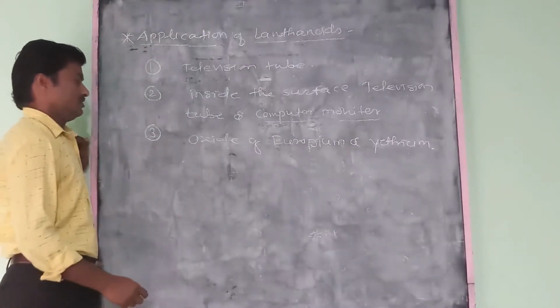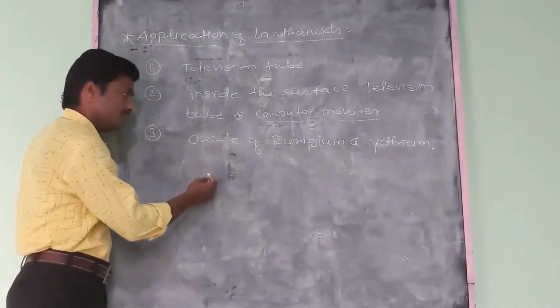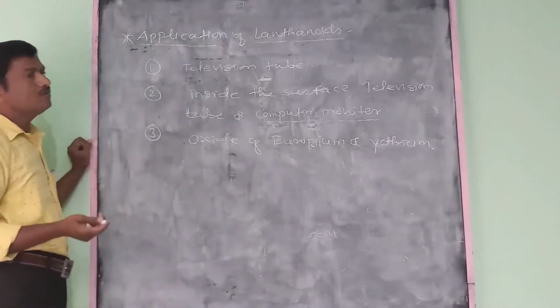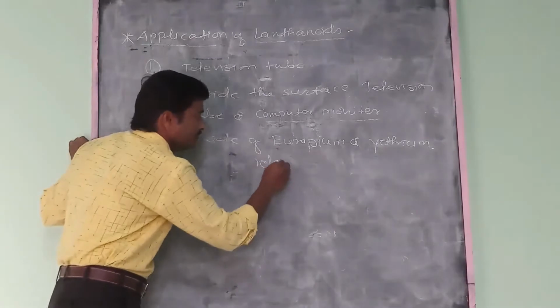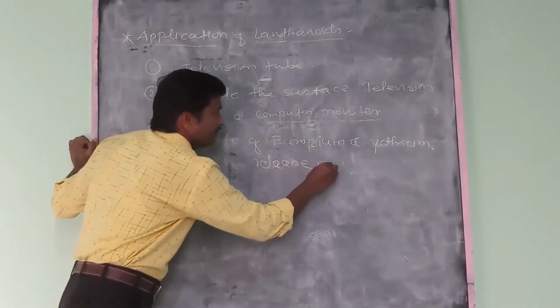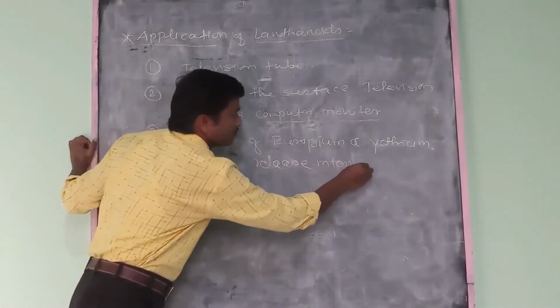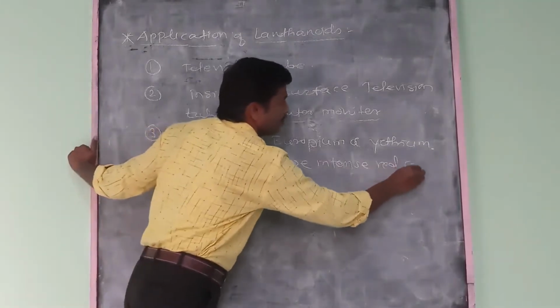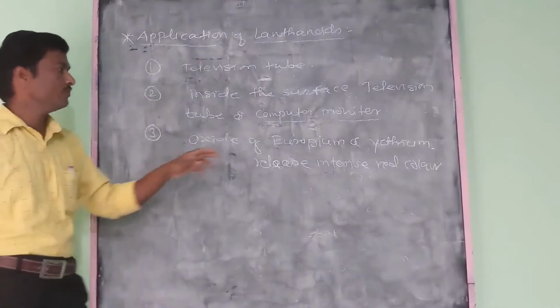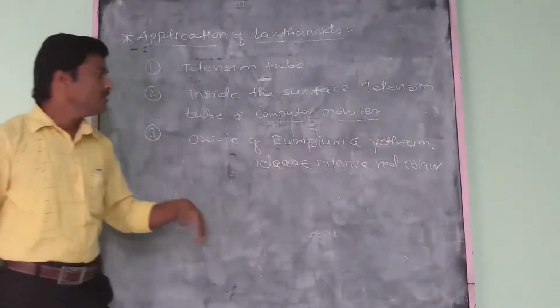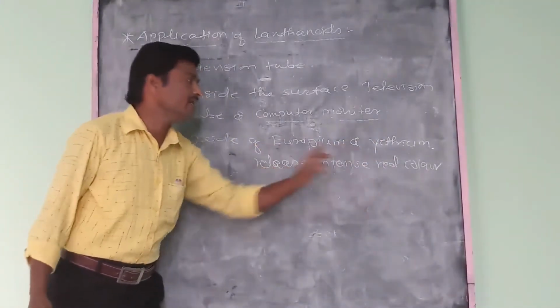These oxides release an intense red color. These oxides, generally oxides of europium and yttrium, release an intense red color.